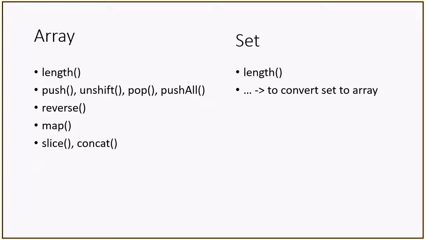Then you have reverse. If you have a list and want to reverse it, you use reverse. And you have map. The use of map is, for example, you have 5 items in the list, and you want to execute a function on each and every element and store the results as an array. For example, you want a new array which contains the elements after multiplying each element of your original array by 2.